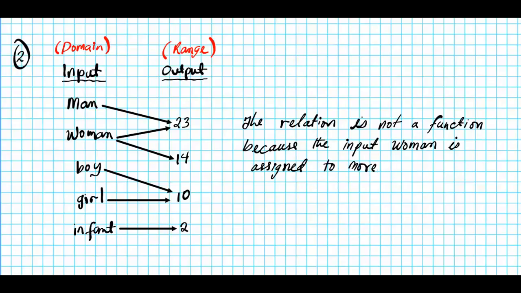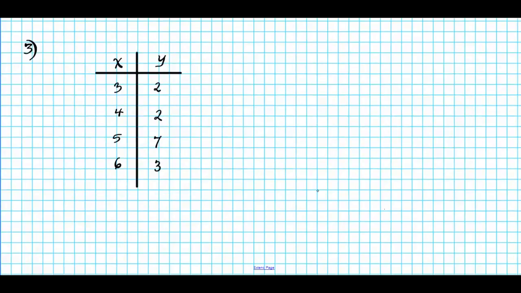That's the only pairing that causes this relation not to be a function, because boy goes to exactly one output, girl to exactly one, and infant to exactly one. Because of woman getting assigned to two outputs, this relation is not a function. Okay, let's take a look at question 3.